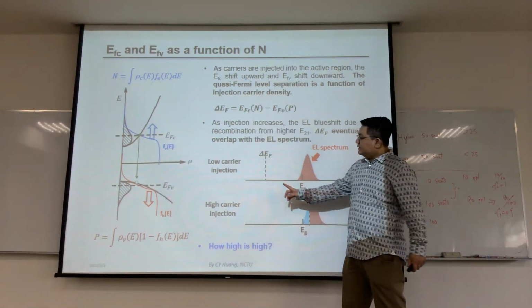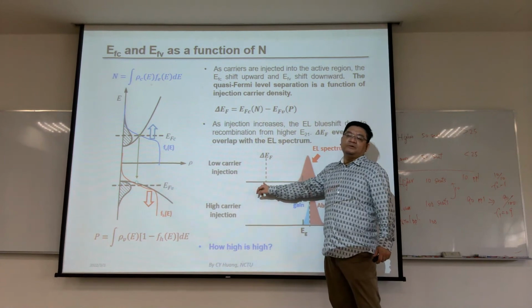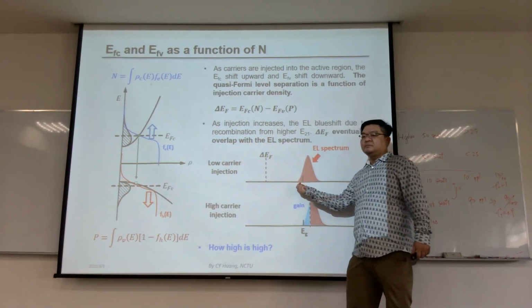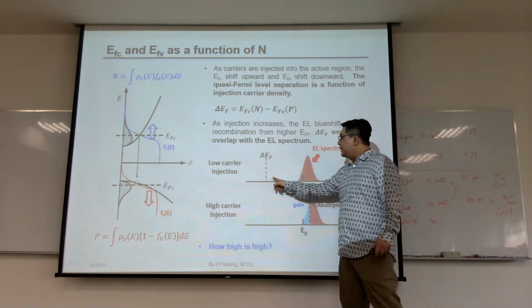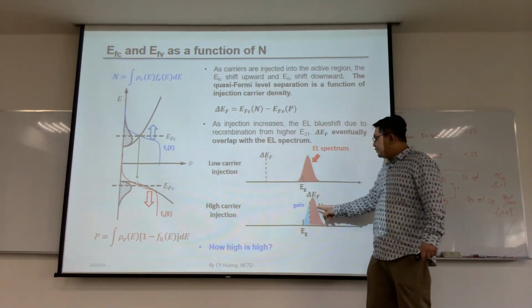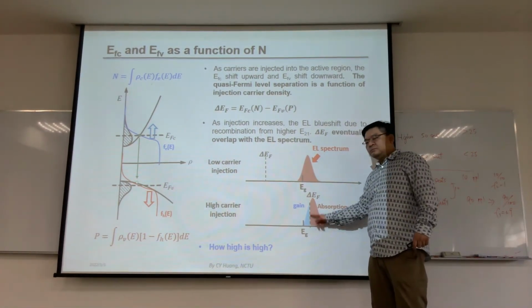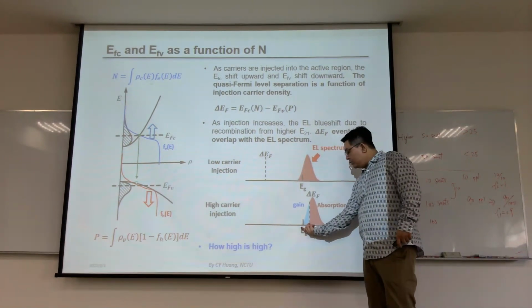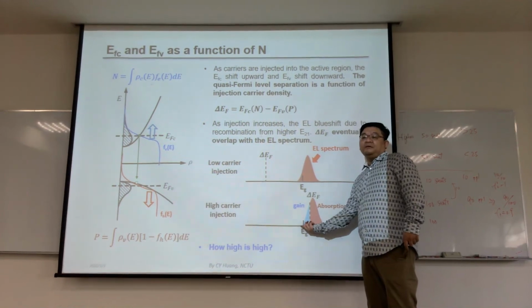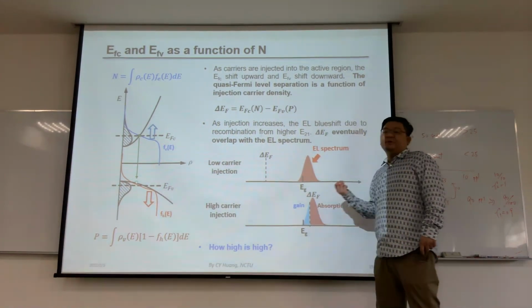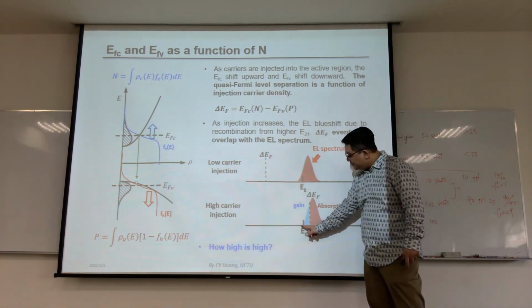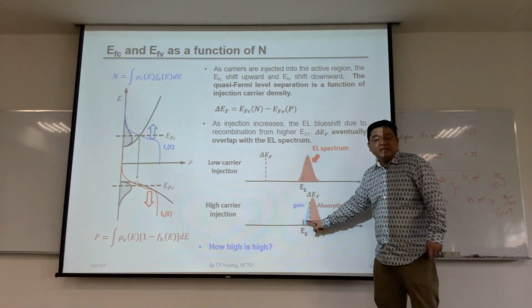The difference of the Fermi levels is increasing. While it is increasing over Eg, then the light below delta EF will experience gain. But it also needs to be above Eg.